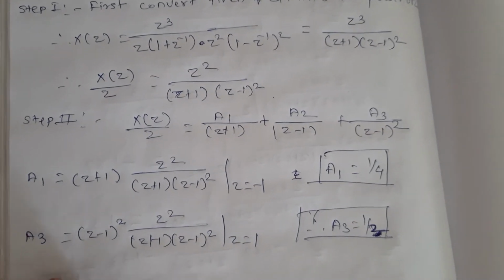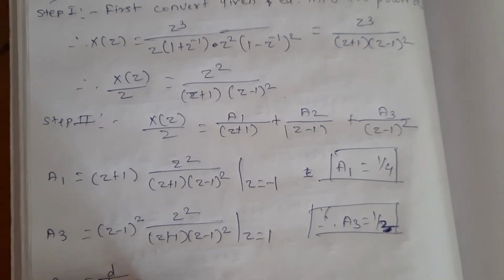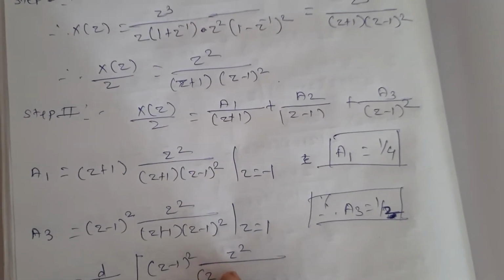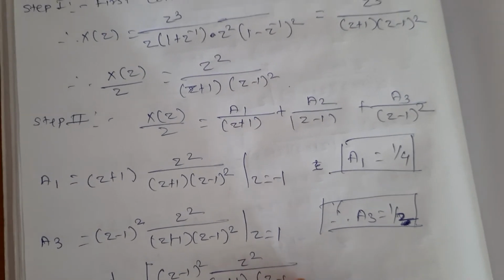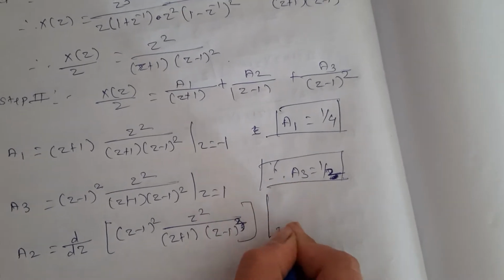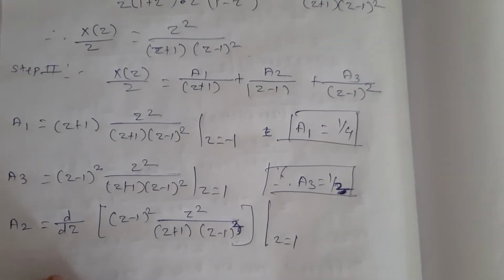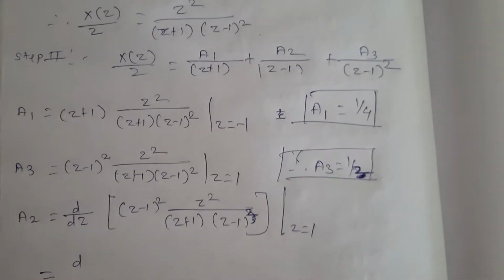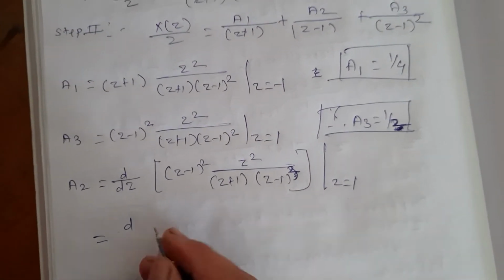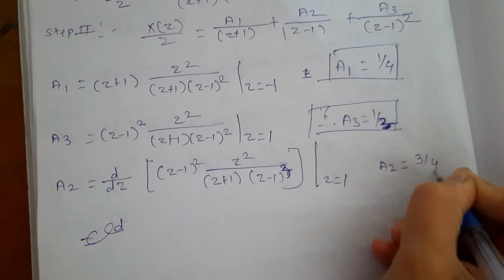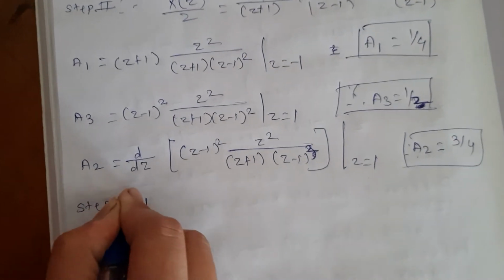Now next, A2 is equal to d/dz of (z - 1) squared times X(z)/z, at z equal to 1. So we substitute these values and we get A2 equal to 3/4.